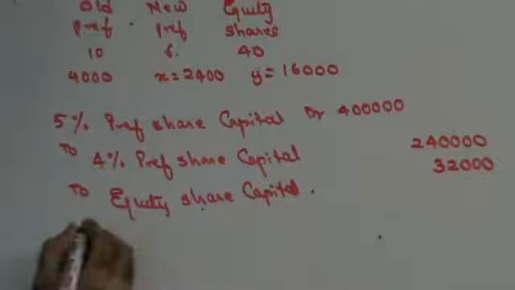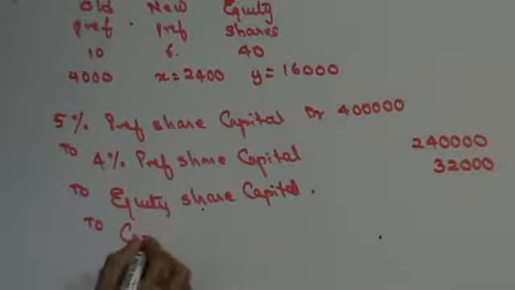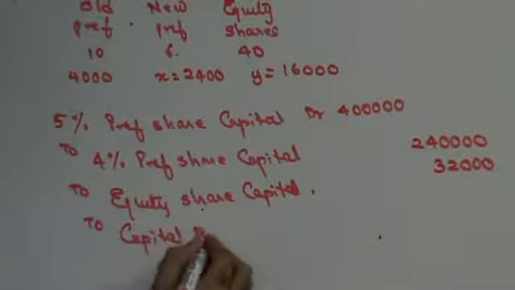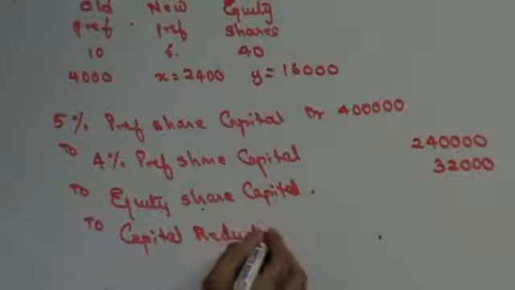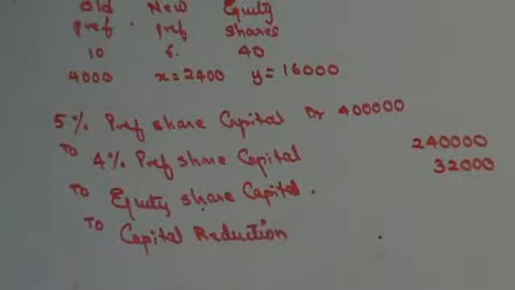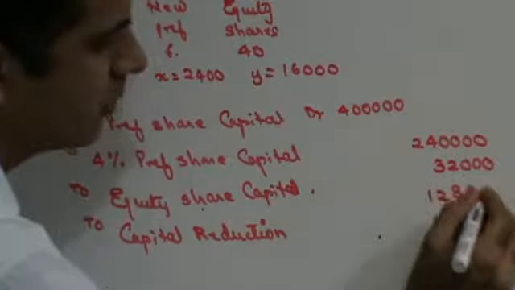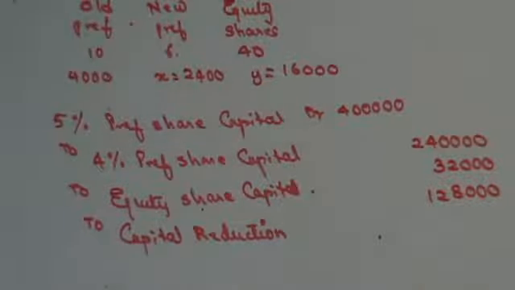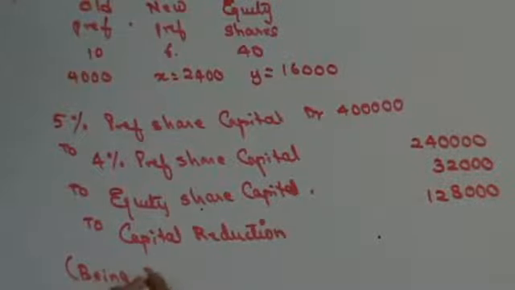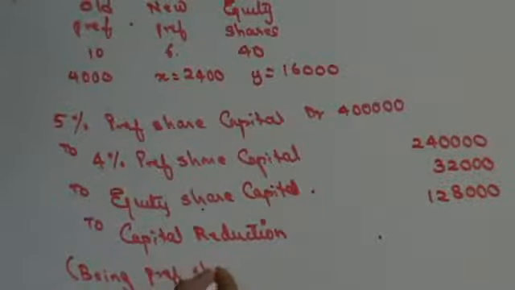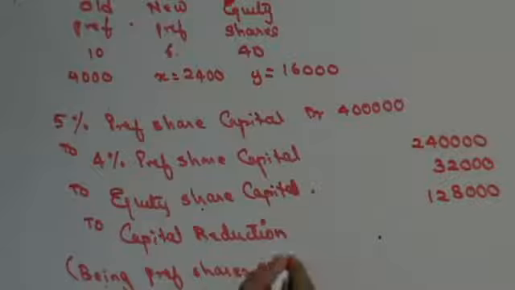The difference is to be written as to capital reduction, 1,28,000. Being preference shares exchanged.